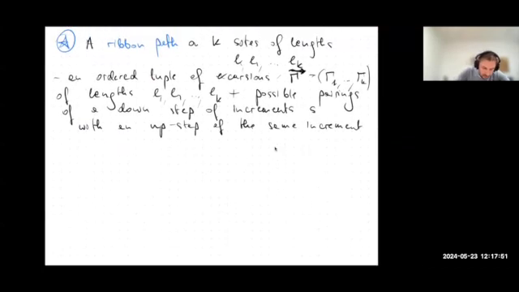And we will denote the set of all these ribbon paths by R of L1, L2, up to Lk.